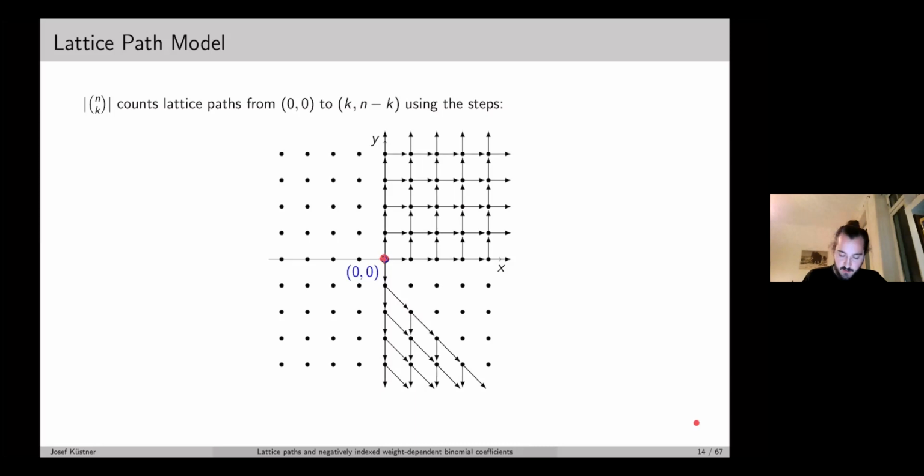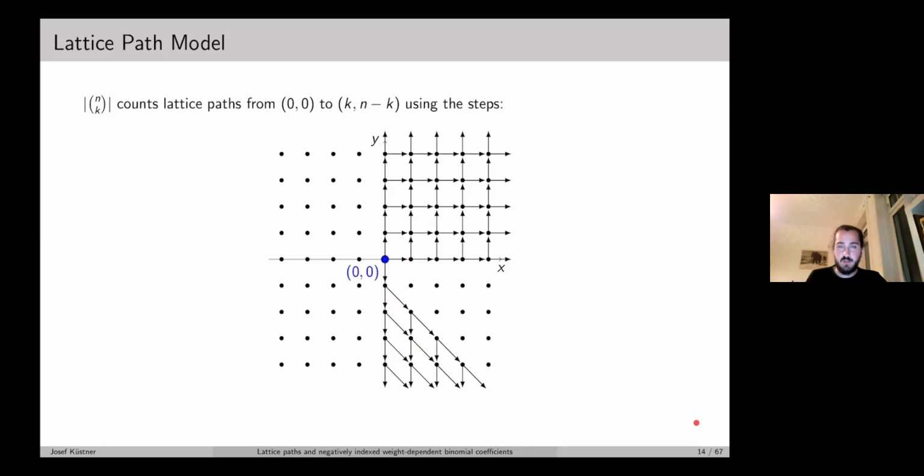It starts here and goes down, then east-south, down, east-south. Okay, that's a valid path in this model. What's not a valid path would be if you go first to the east and then south, east, south, something like that. This is not allowed because we always have to follow the arrows here in this picture.